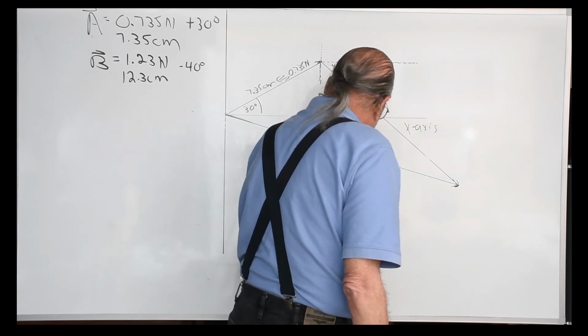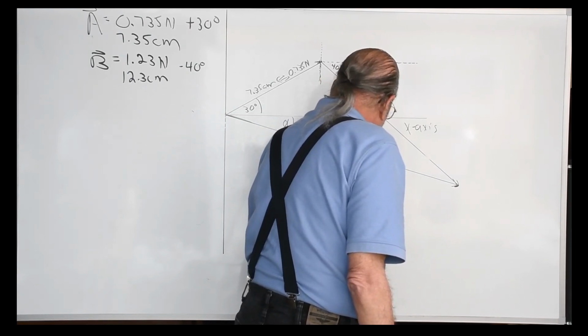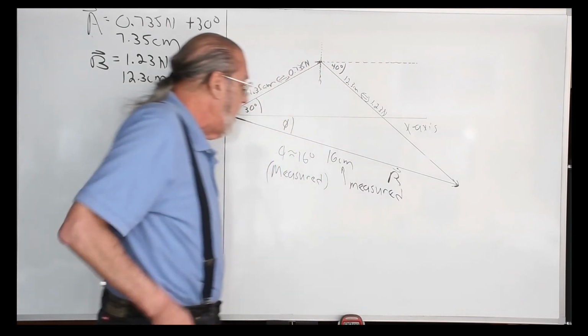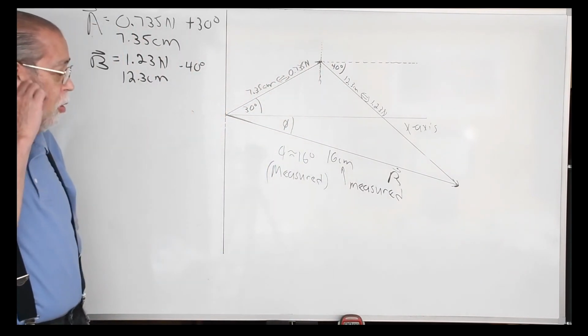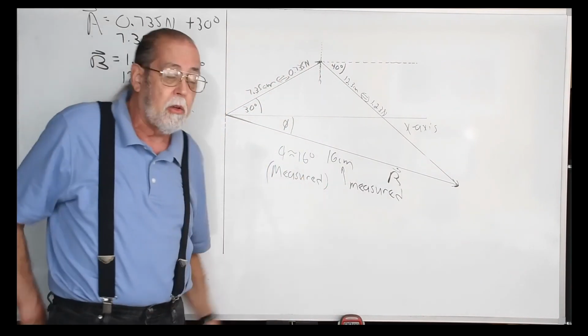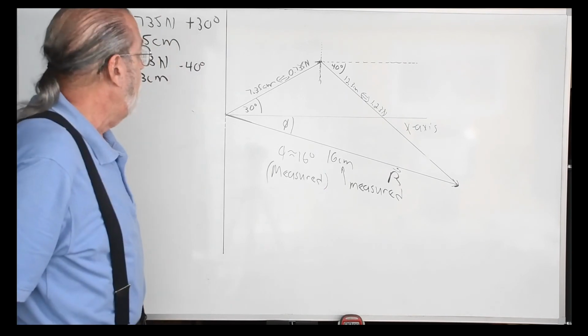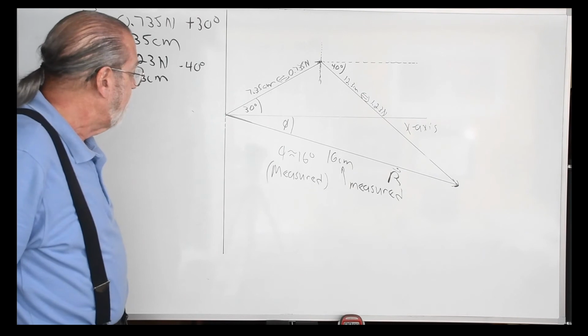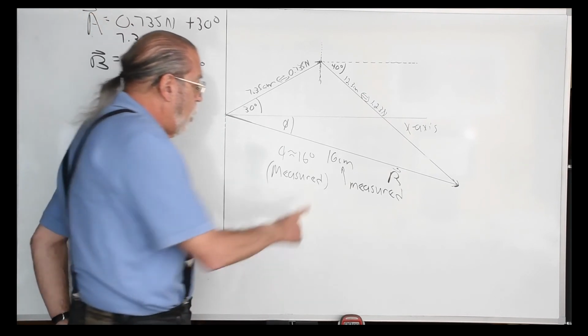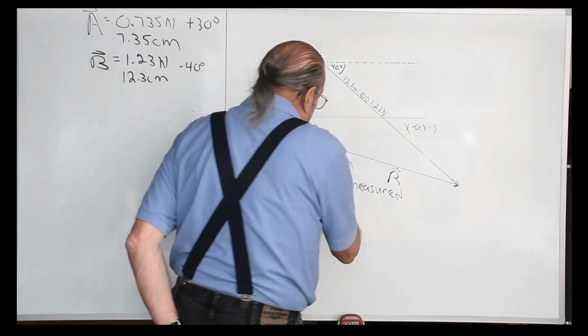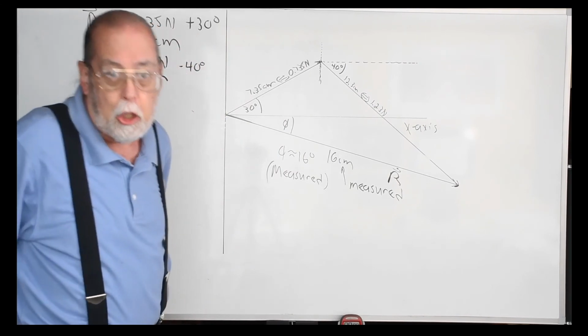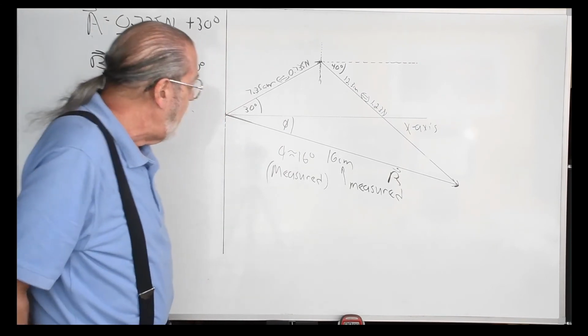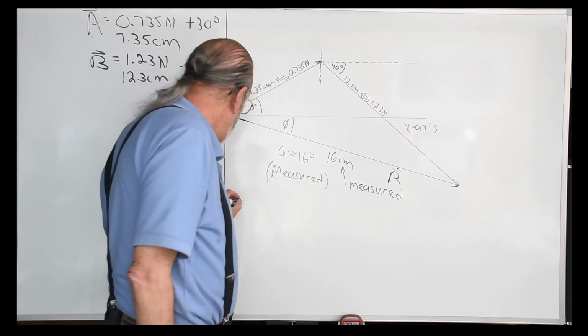I just measured that. I don't think you'll get 16 centimeters. I think you'll get something bigger. I'm off a little bit here. I'm not being real accurate. Okay? Once I know that this is measured, back on the worksheet, I say, write down the measured value.